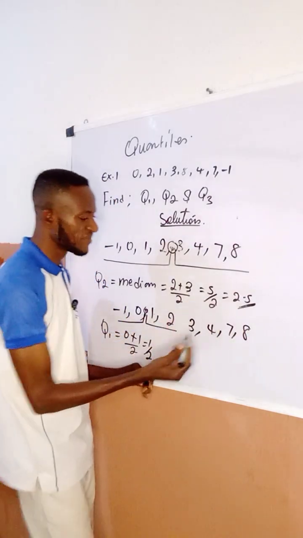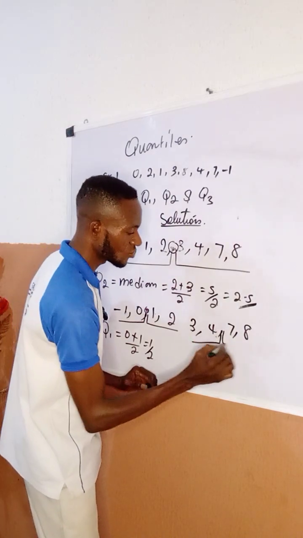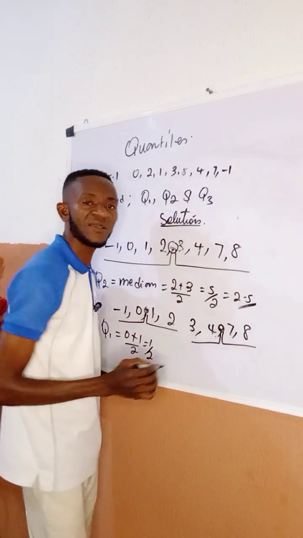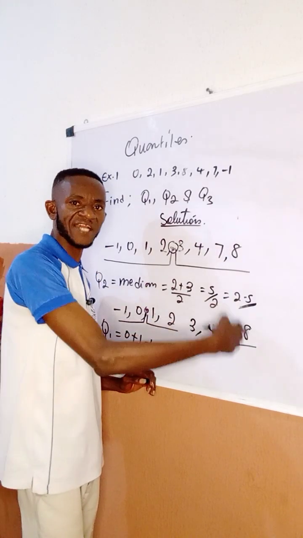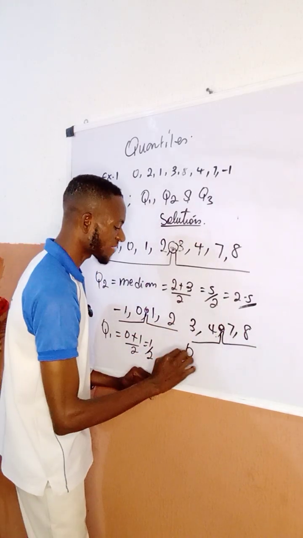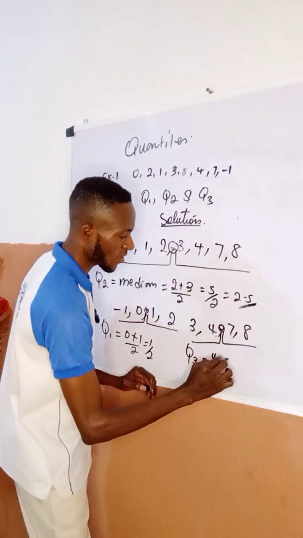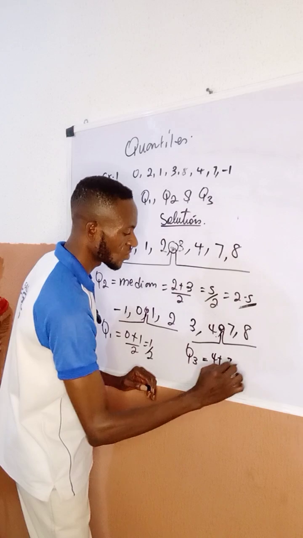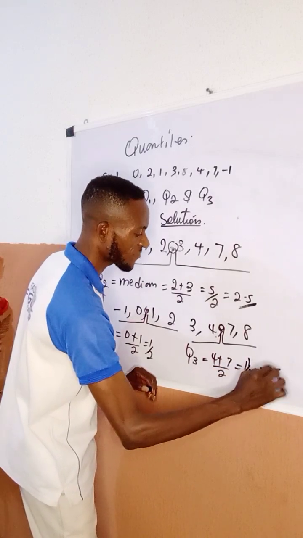And of course, the median is going to be, 1, 2, 1, 2, it is here. And there is no observation there. So you sum the number behind and the number after it, and you have that your Q3 is given as 4 plus 7 all over 2, which is 11 all over 2, which should be 5.5.